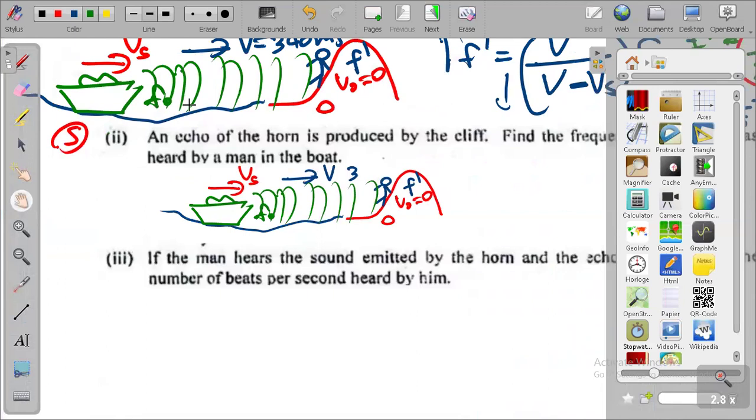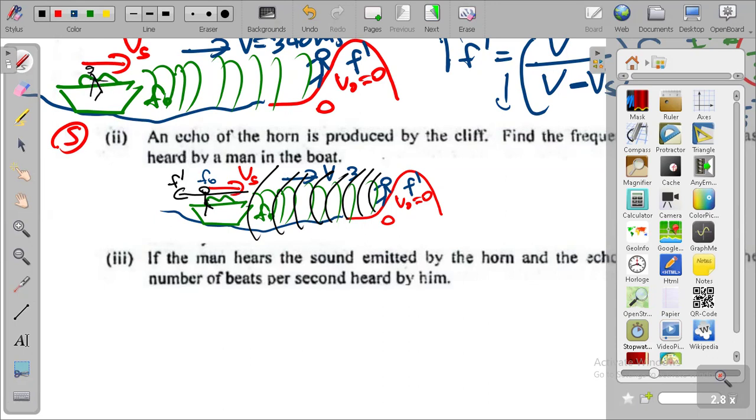Here the boat was emitting a certain sound at f naught, and the boy on the cliff gets the sound as f dash. The cliff also gets the same sound as f dash. It is reflecting it off as a secondary source. Once it reflects, it acts as a secondary source. As a secondary source, it gives the sound back to the person on the boat. In what way?